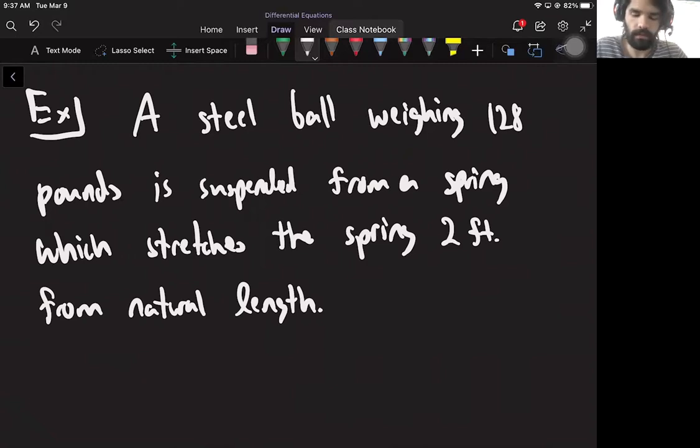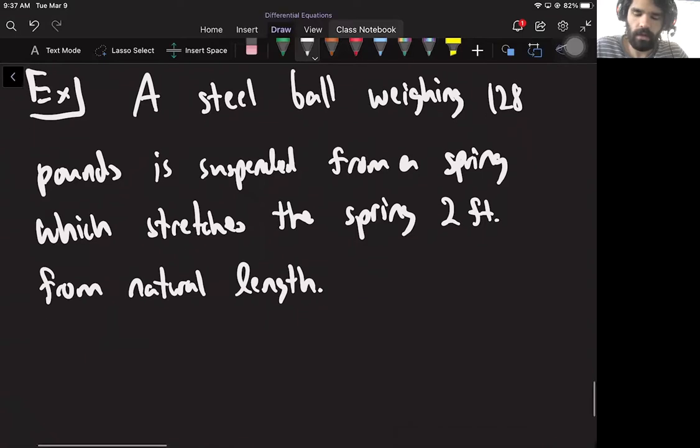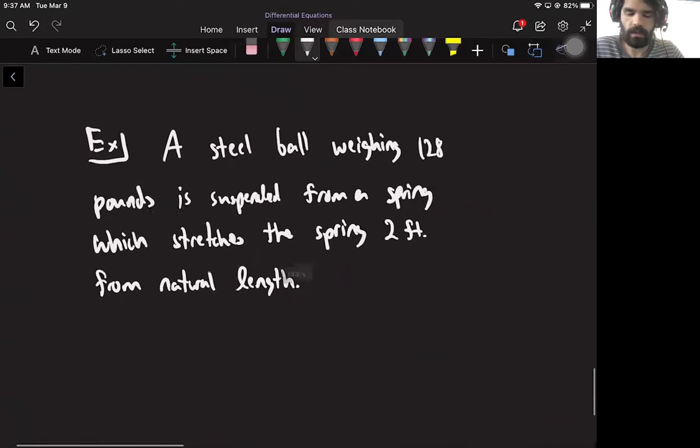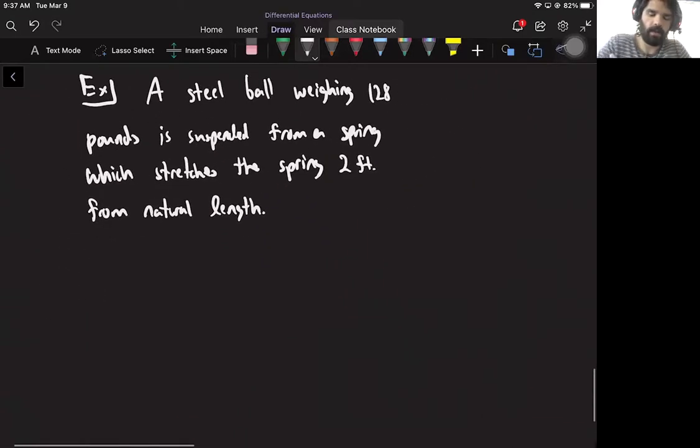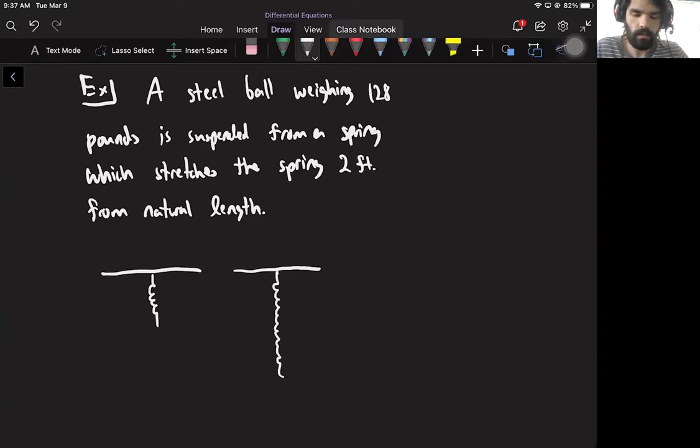Okay, so this is not the end of the word problem, but this is a good spot to figure something out. So let's just draw this situation here. All I have now is a spring at its natural length, I haven't set it in motion, and when I attach a specific steel ball to it, it stretches it from its natural length to equilibrium.